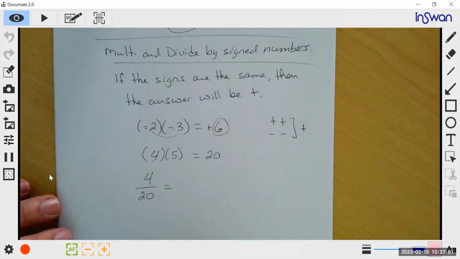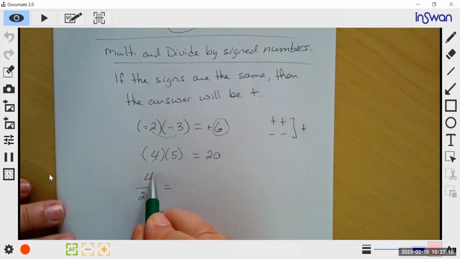Is the answer going to be positive or negative? Positive, because they're both positive. They're the same signs, so the answer would be positive. How many times does 4 go into 4? Once. 4 goes into 20 5 times. So the answer is 1/5.